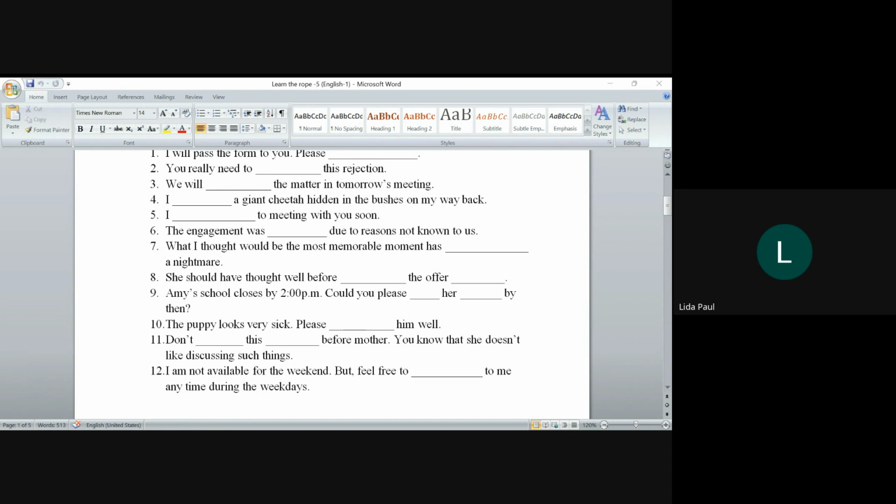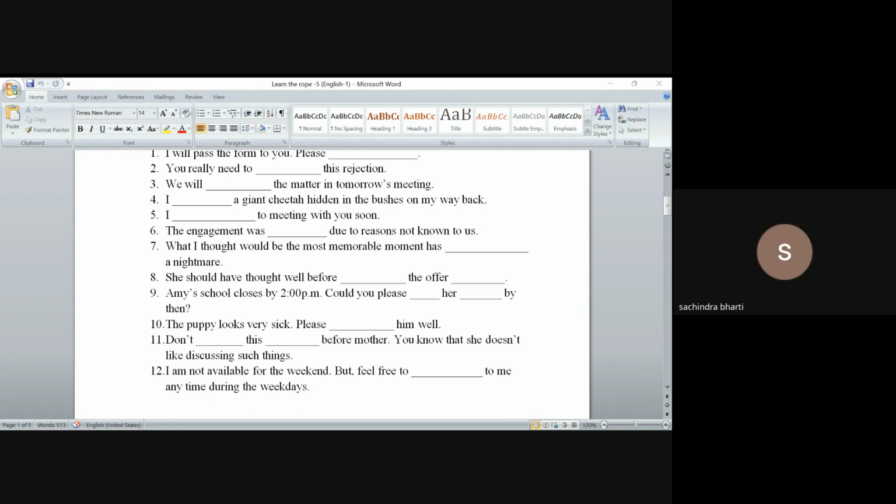Ma'am, the fourth question is saying, the word content in the audio means... So in the audio, there is no word content. Please repeat yourself, I did not really catch the question.